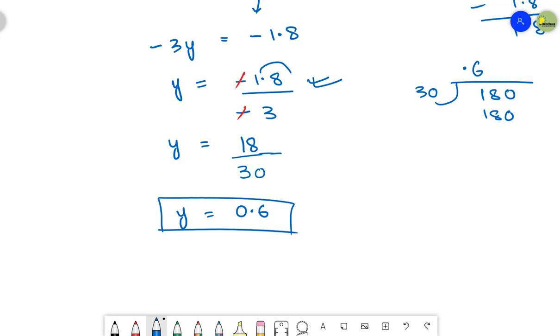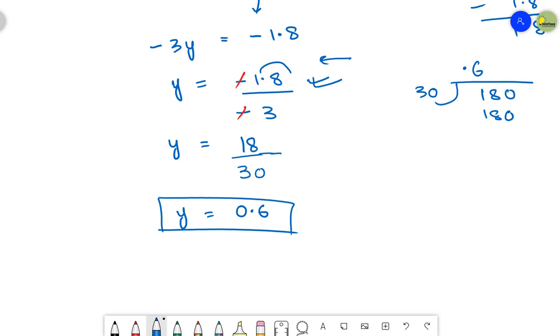If you are not, then I'm again repeating this particular step. Here, the numbers that I'm having was in decimal, 1.8 divided by 3. So I need to make it integer in order to divide it. It's better to divide integer values than dividing a decimal number. So 1.8 can become an integer when you shift this decimal to the end of the number. So it becomes 18. You are shifting decimal point only one time so that 1.8 becomes 18.